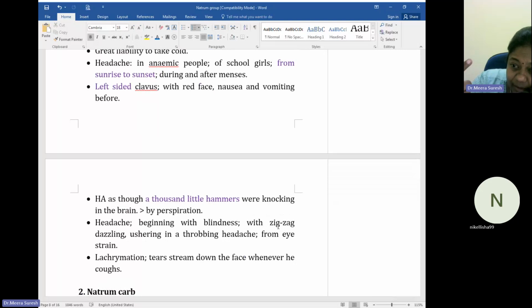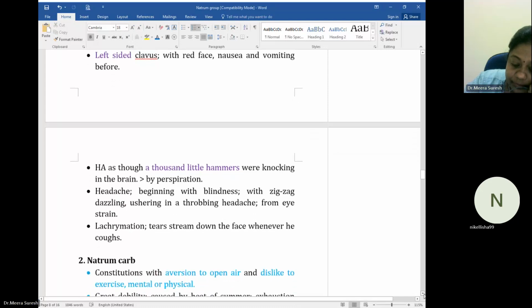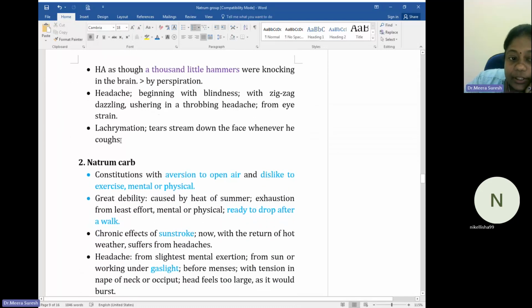They have that blindness or dimness of vision, a zigzag dazzling or the shining light causing problem for them, and then it will lead towards a throbbing type of headache, and also headache from eye strain. Then there will be lacrimation. Tears stream down the face whenever he is coughing. Lacrimation is a characteristic or associated symptom that they will be having.